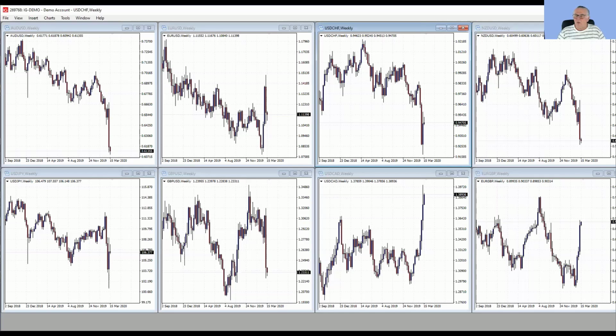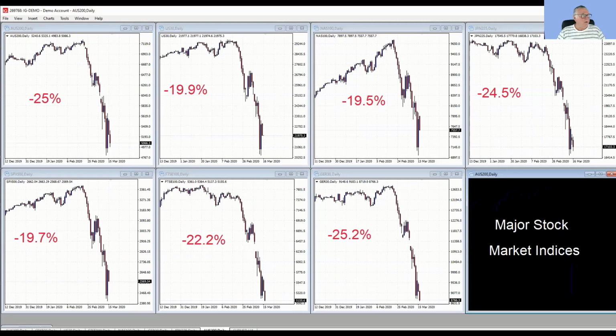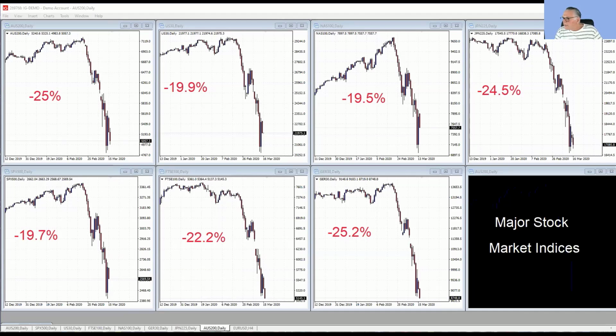So let's have a look at what's happening on the currency charts. Apologies, I've got a lot of charts going all at the same time here. I'm going to share this one.